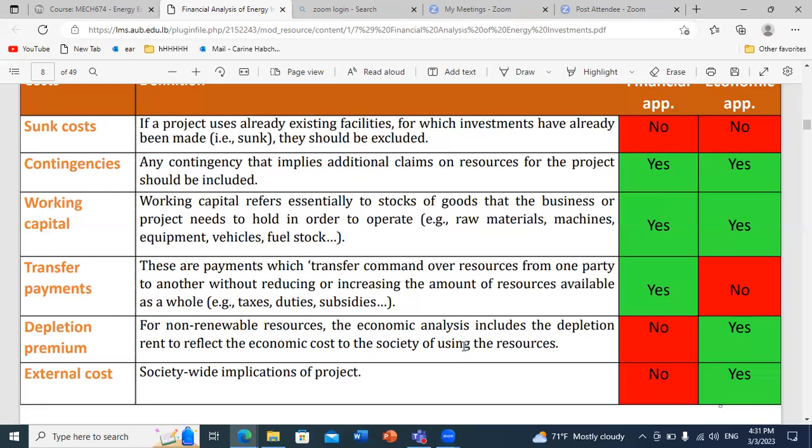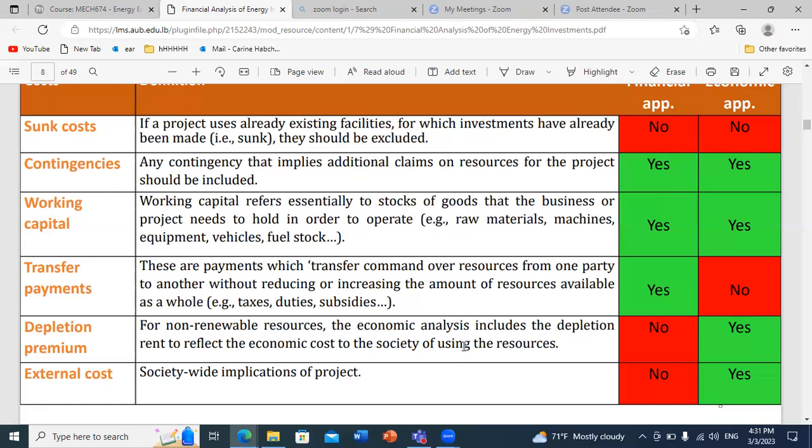Because of this, we should take depletion of resources into consideration in economical analysis, because this will affect the economy of the society as a whole. However, if you are just doing a financial analysis, we don't take this into consideration. So this is also related to external effects, if you want.